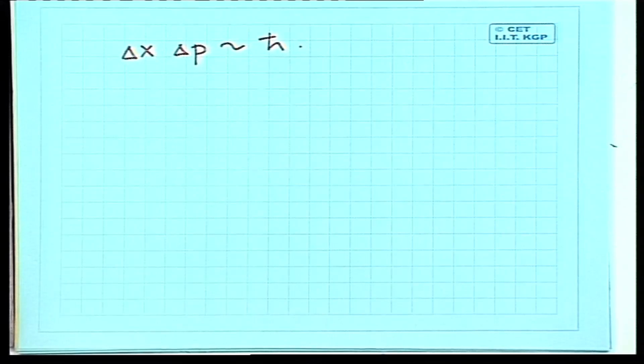Now, this is not a specific feature of Gaussian wave packets. This is a general feature. If you try to describe a particle by a wave, you cannot construct a wave where both the position and momentum are precisely defined. It is not possible to construct a wave where both of these are precisely known.